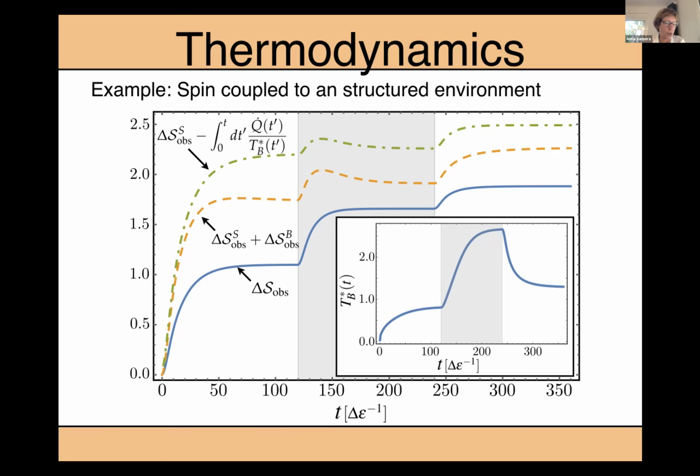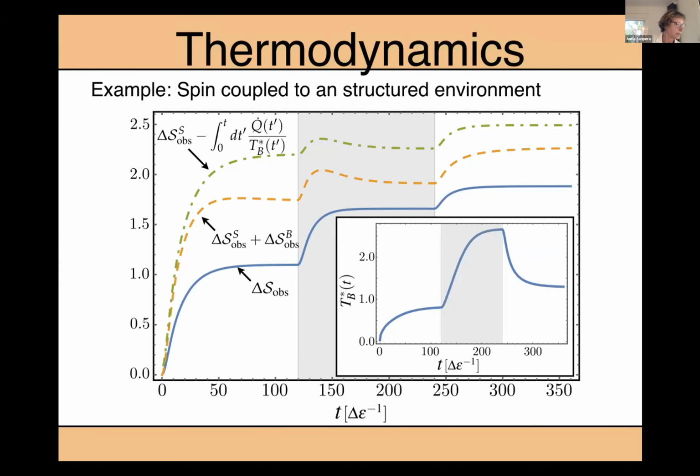Here we start with the blue line, which is the observational entropy as a function of time. And we see that it behaves as it should: it increases, although it increases in steps, and these steps are related to the driving of the system.